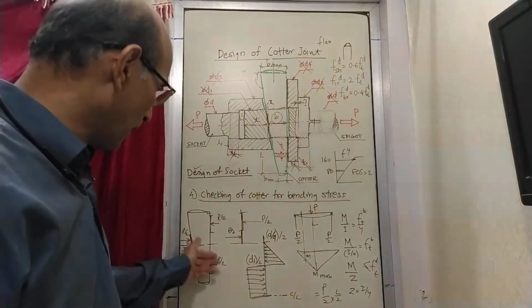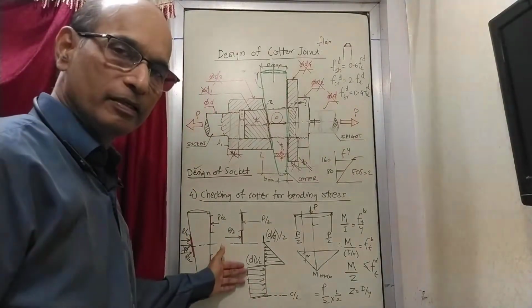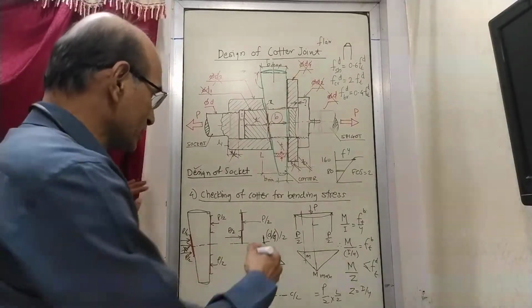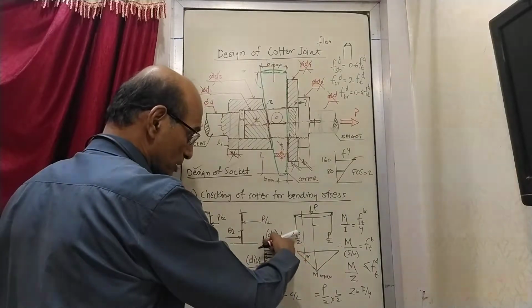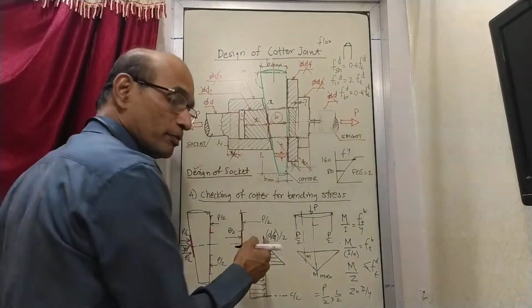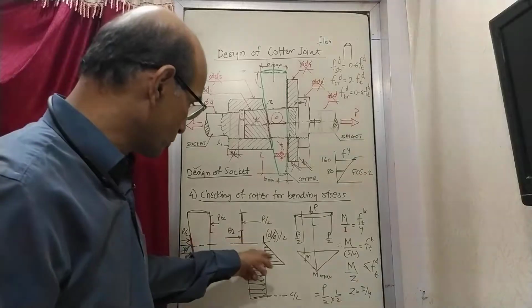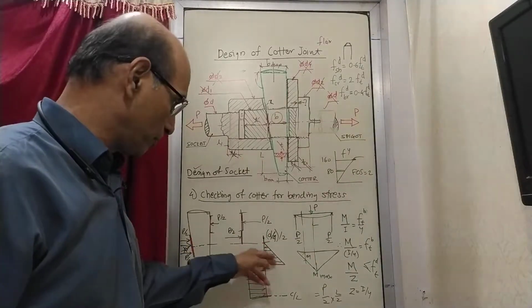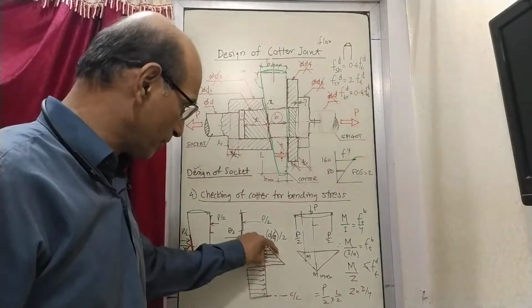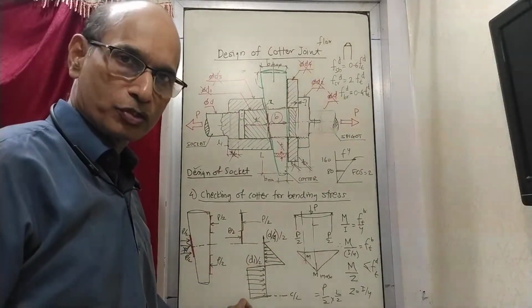So the P by 2 applied from here is uniform all over, whereas the P by 2 applied on this side is going to reduce towards the end, and at the end it will be 0. The distribution has a taper shape on this side and a straight shape here.